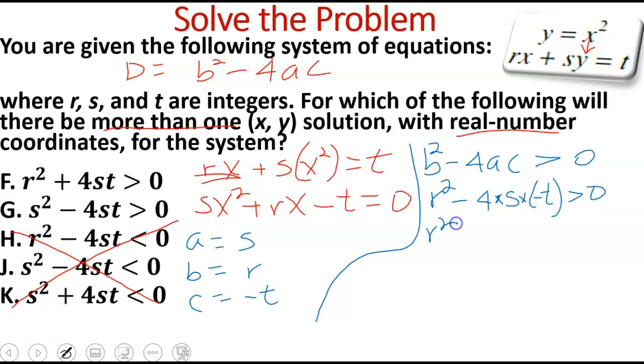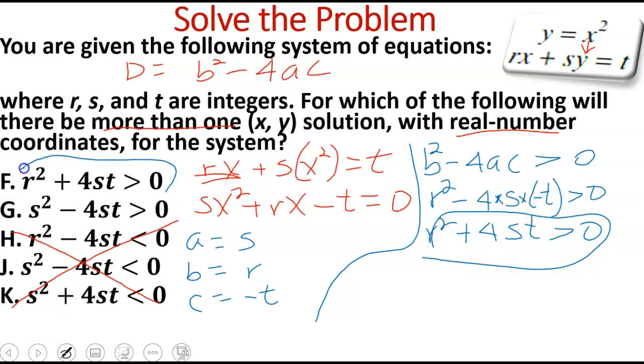So r squared, well, we had a negative times a negative here, which makes it positive: r squared plus 4st is greater than 0. So this is simplified, and we can see that it is the first one, and that's our answer. All right, hope you got this. A lot to learn. Good luck.